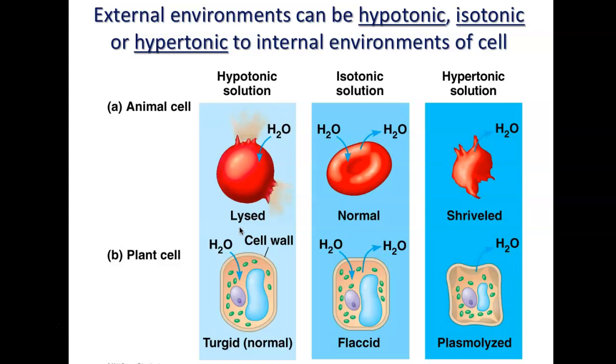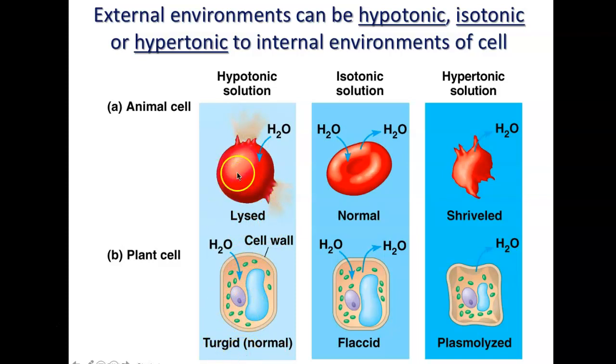Okay? I'll say it one more time. In a hypotonic environment, the concentration of solute inside the cell is greater than outside. So water moves in. Animal cells will lyse or explode. Plant cells will become turgid or normal.